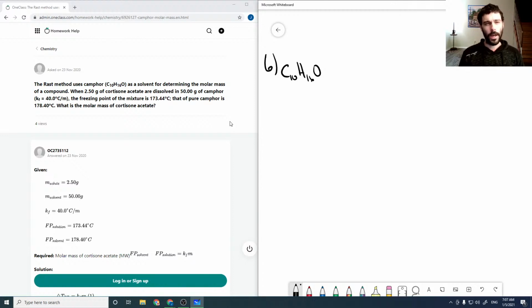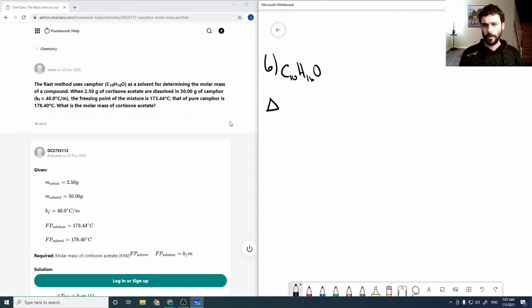So when 2.50 grams of cortisone acetate are dissolved in 50 grams of camphor, the freezing point of the mixture is 173.44, and that of pure camphor is 178.40. Then it asks us to solve for the molar mass of cortisone acetate.